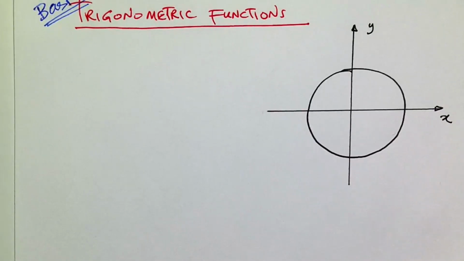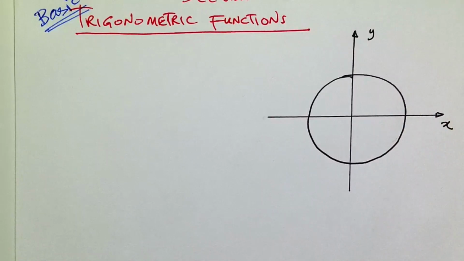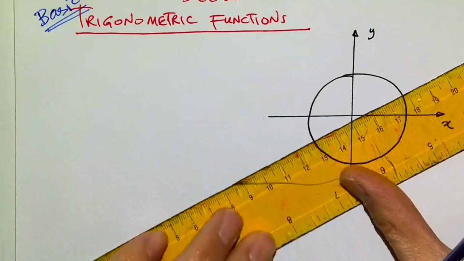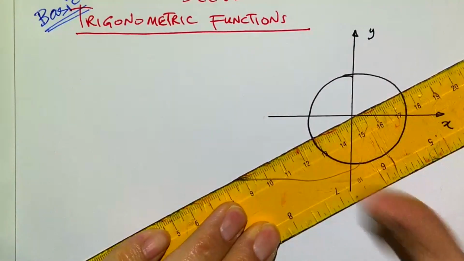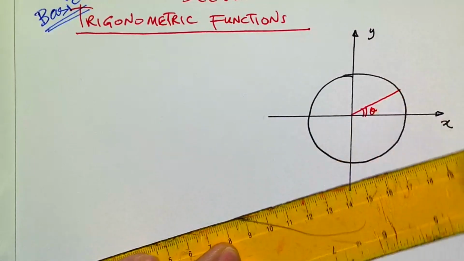You see this unit circle where I want to draw some angle, let's call it theta, in the first quadrant. Suppose we have this angle right here, and we want to call that theta.